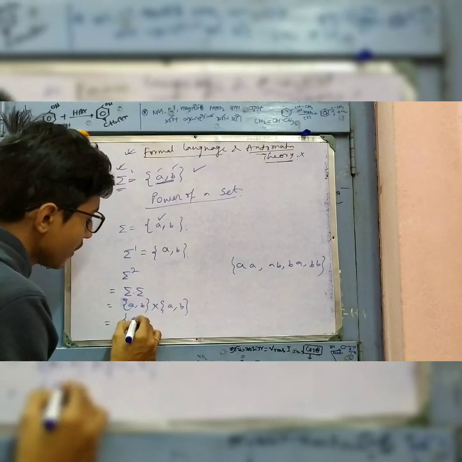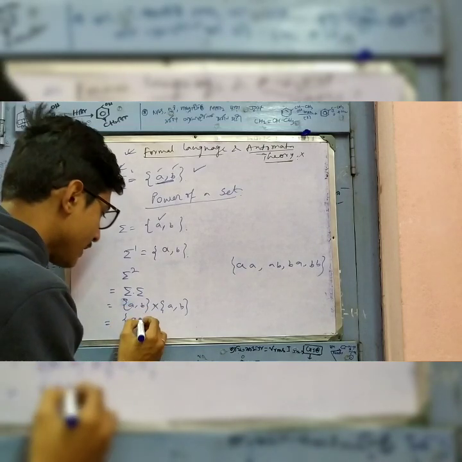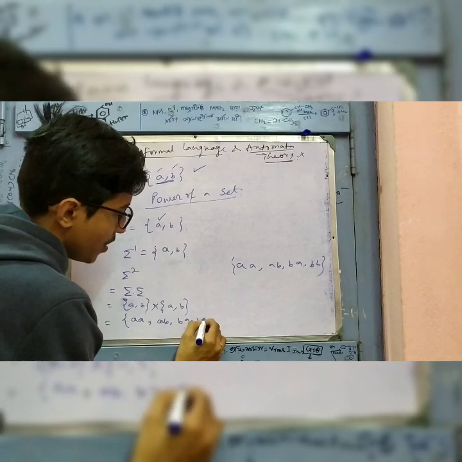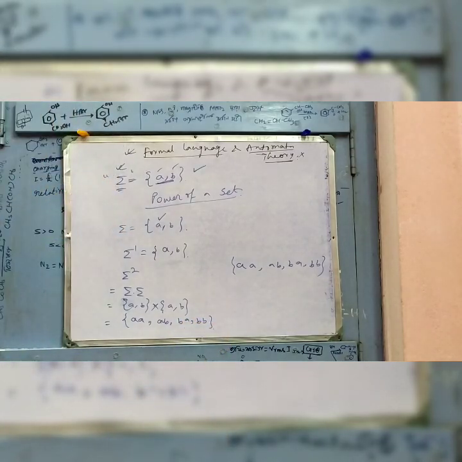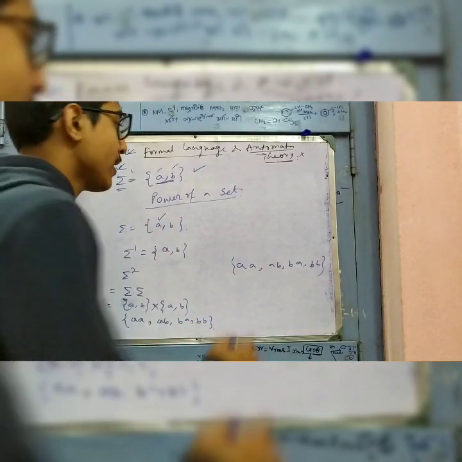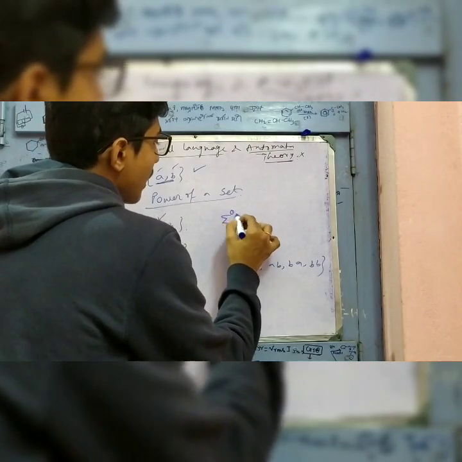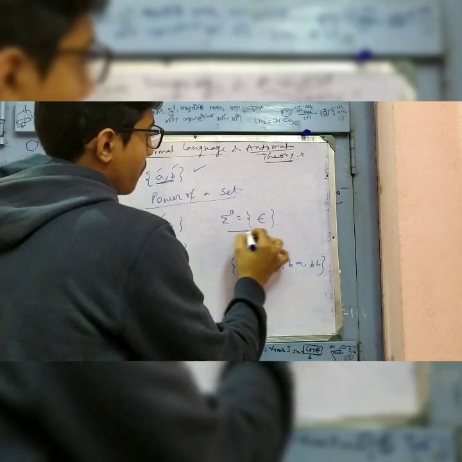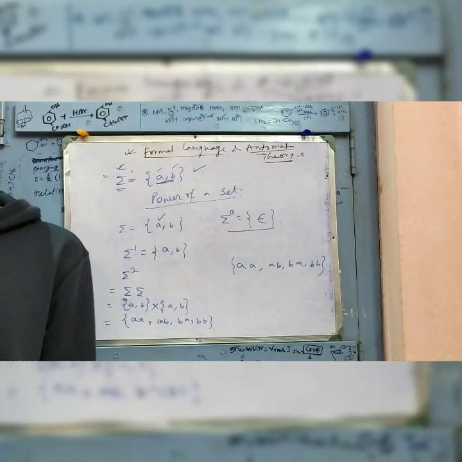We have done it, so this is AA, AB, BA, BB. Fine, so this is the power of a set. Another thing is that the power of a set zero is the null string, which is denoted by epsilon.